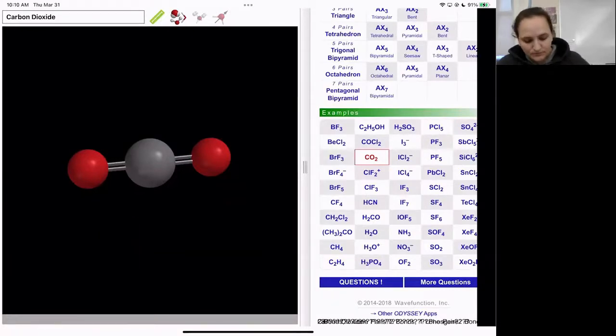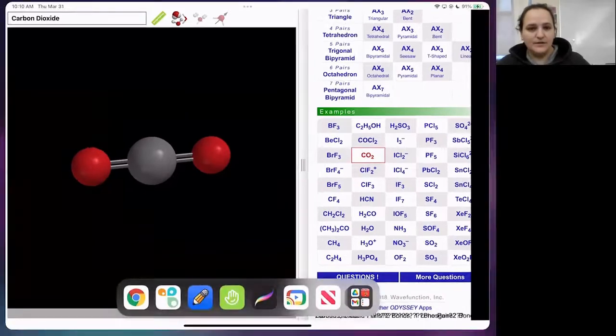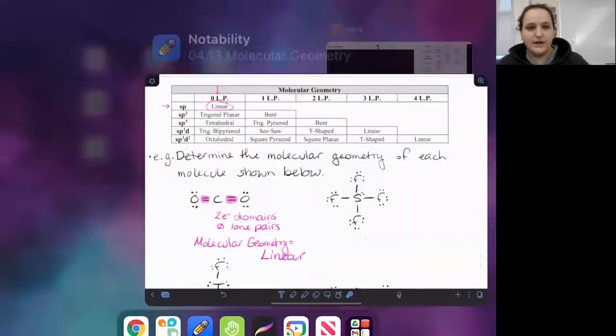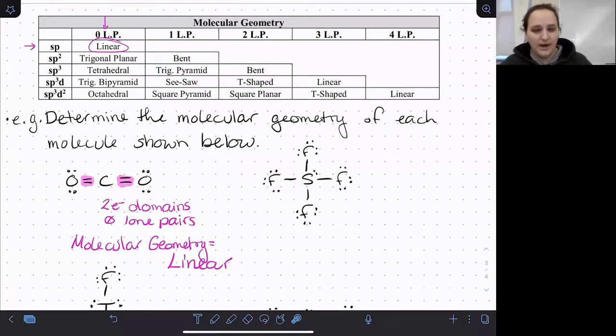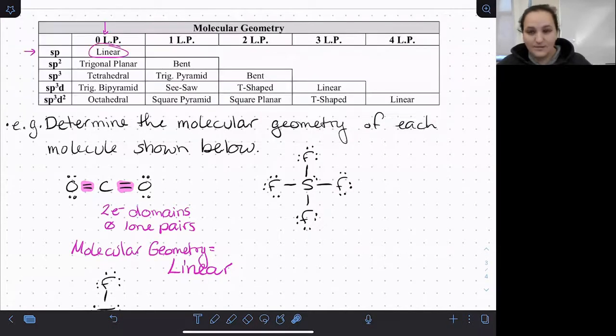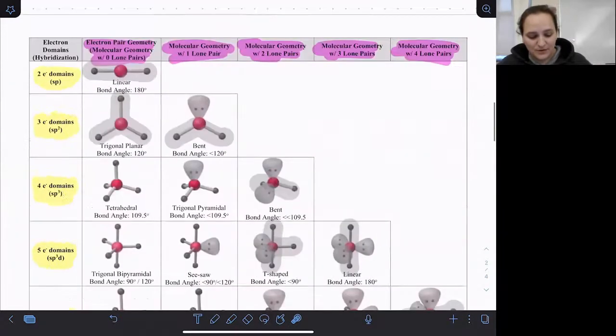So when we're considering what our shape looks like, we're really thinking about how far apart I can put this number of things. My electron domains want to get as far away from each other as they possibly can. So for 2 electron domains, that is going to be on opposite sides of the molecule, which is what gives rise to this 180 degree bond angle that we see here.